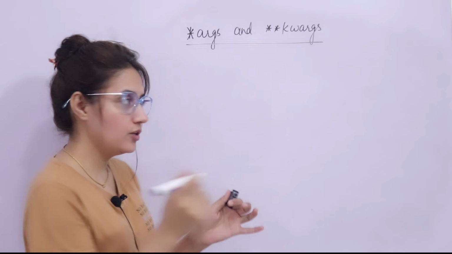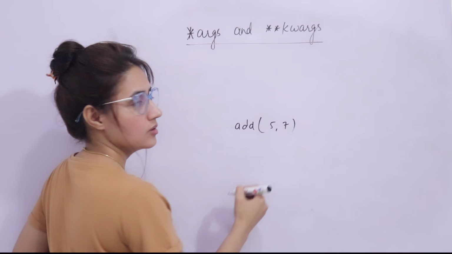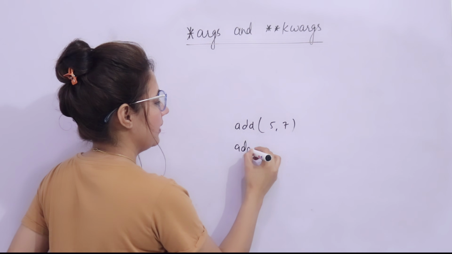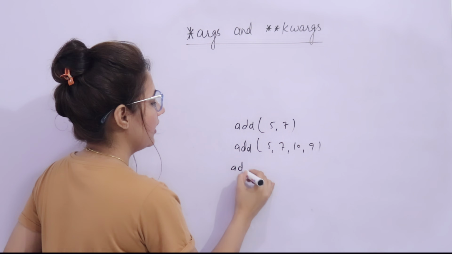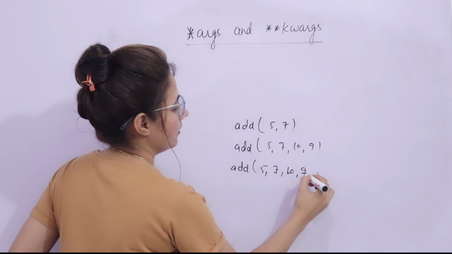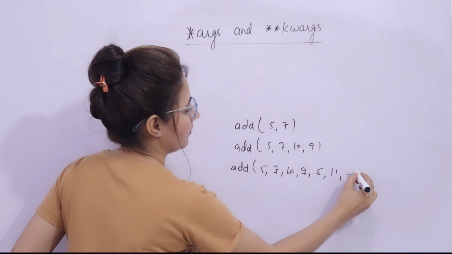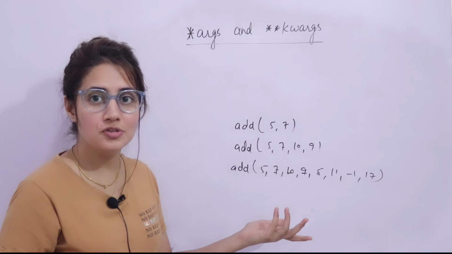Like if I call this add function, I want to add only two numbers. The second time I want to add 5, 7, 10, 9, 4. The third time I want to add 5, 7, 10, 9, 5, then 11, minus 1, these numbers.